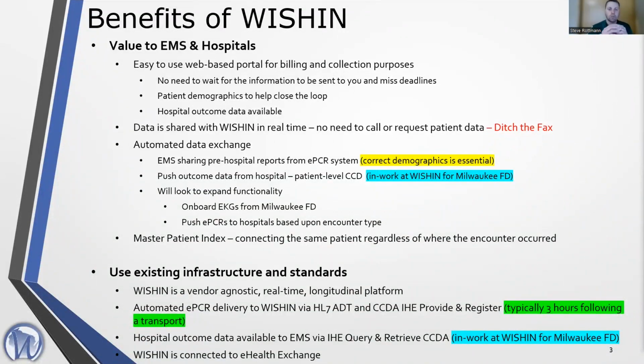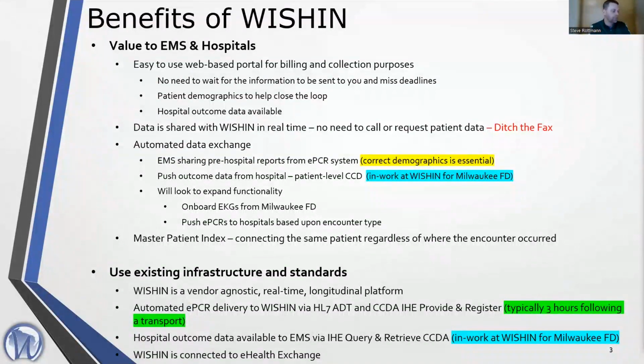We can look at all of the EPCRs available from the previous business day, and then push, using Froedtert as an example, all EMS transports, all of those EPCRs that we have on file, so that they have a single report that they have to go through. So we're trying to automate the request and fulfillment and that data acquisition burden.